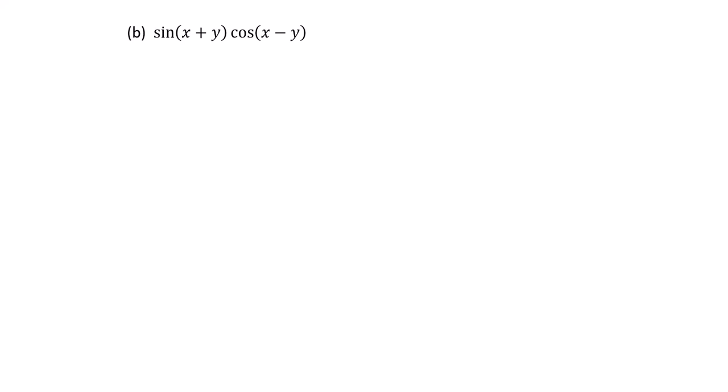Here, the sine of x plus y times the cosine of x minus y. Using our formula, we'll have 1/2 times sine of x plus y plus x minus y. Then we'll add the sine of x plus y minus all of x minus y.